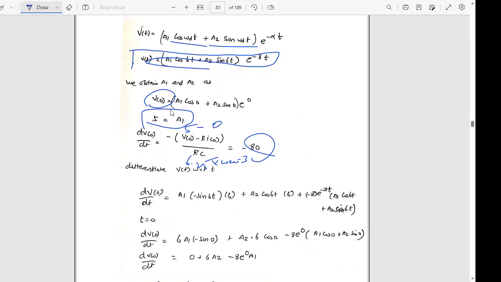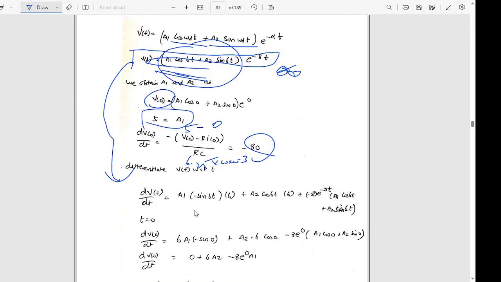Now this equation is to be differentiated with respect to t. Using u dv plus v du: a1 cos 6t times minus 8 e power minus 8t, plus a1 times minus sin 6t, e power minus alpha t. Like that I can write.